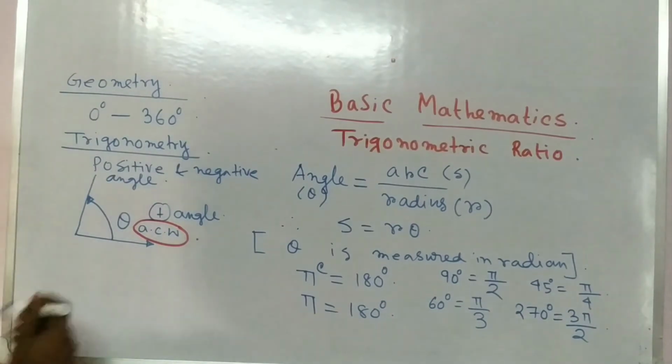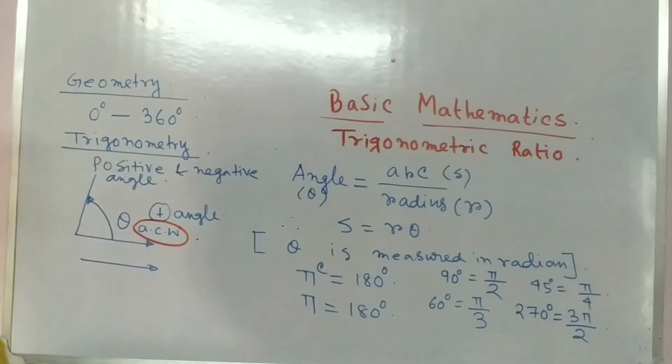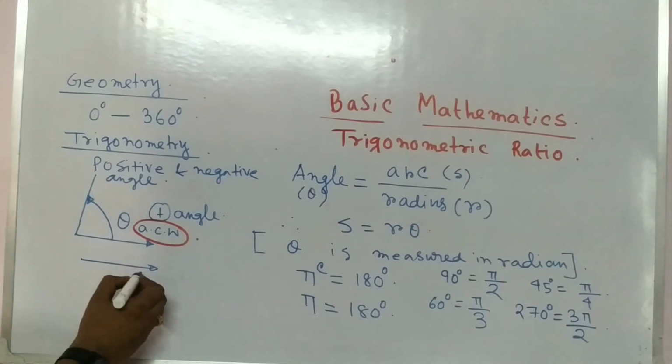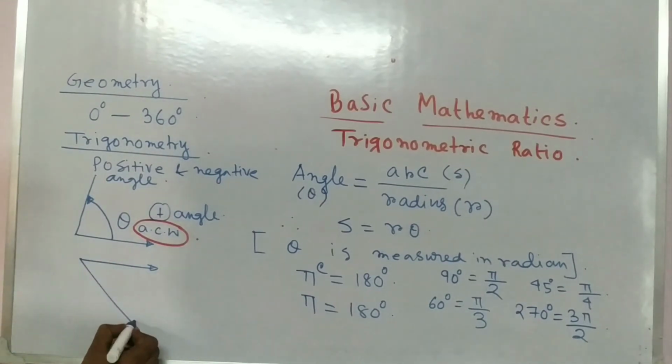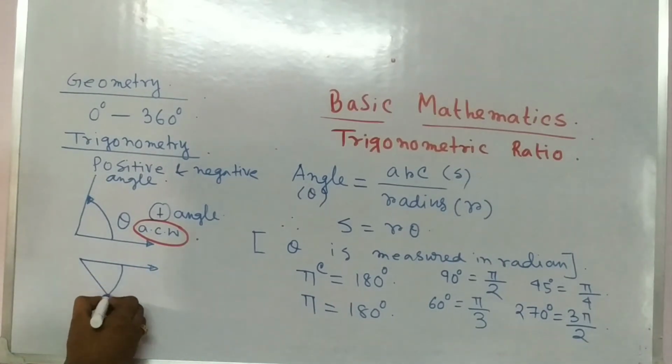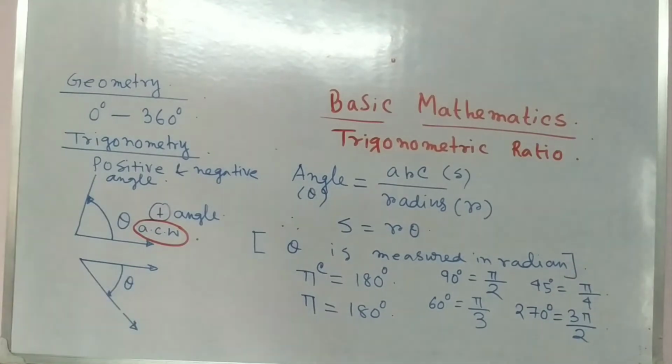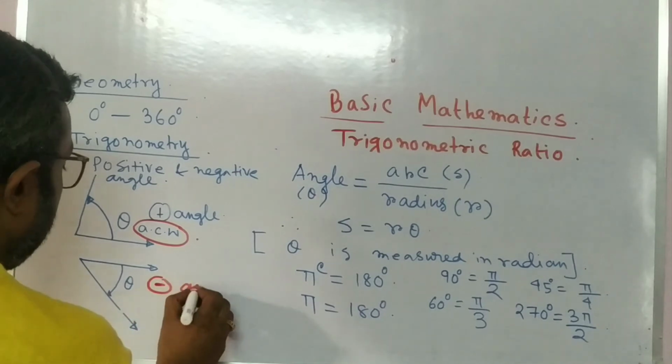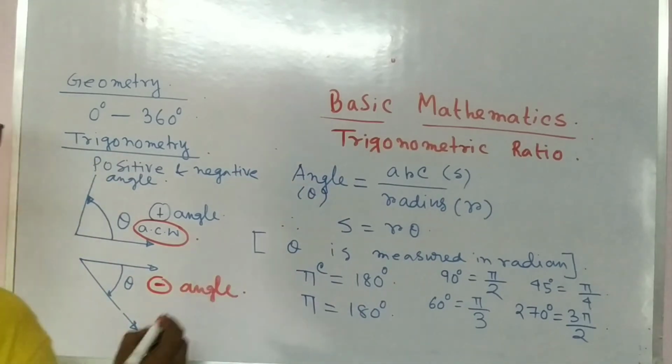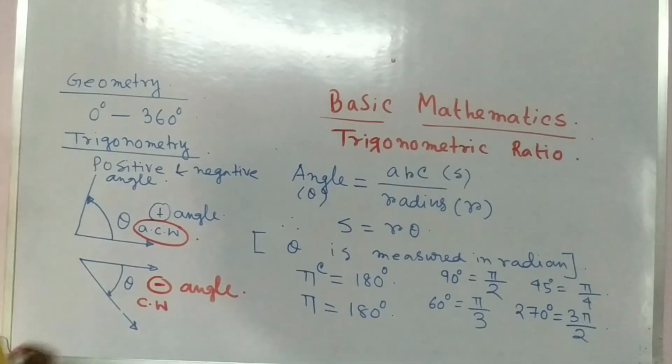If you take a ray and move towards clockwise, the angle produced here is called negative angle. That is clockwise movement.